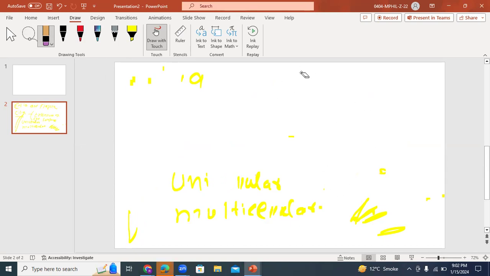For example, there is a bacterial cell here, like this, and there are some protrusions or wiper-like structures which are present outside. This is how the flagella are present, right?